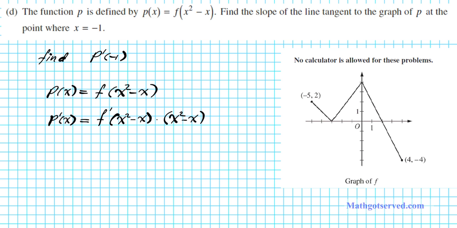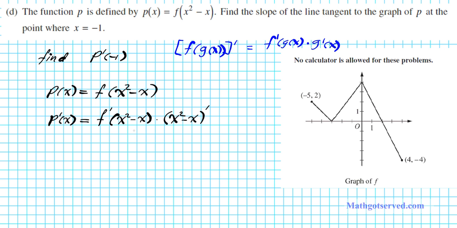Okay? Remember your chain rule. If you have f of g of x prime, this basically becomes f prime of g of x times g prime of x, right? That's what we're doing here.